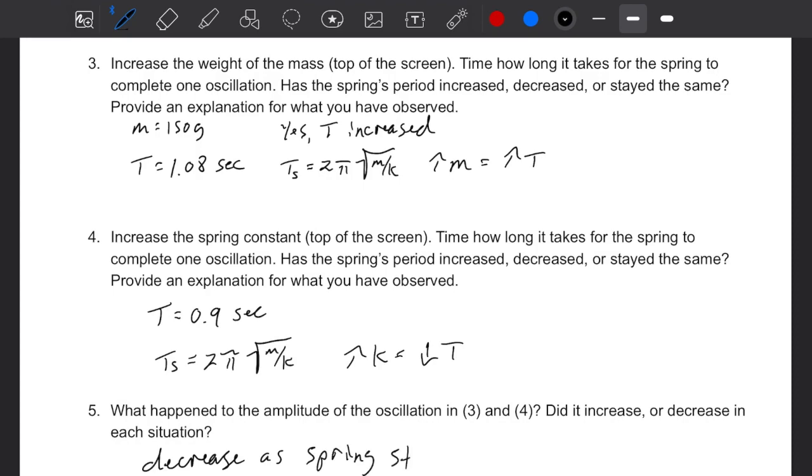So my amplitude decreased as the spring strength, or spring constant, increased. I saw a decrease in the amplitude.